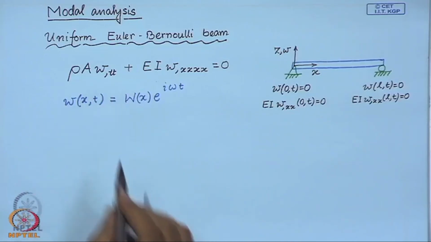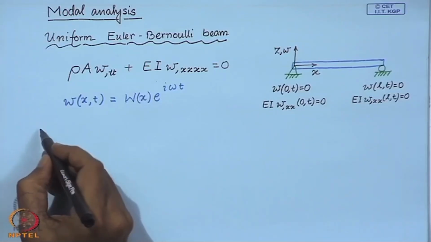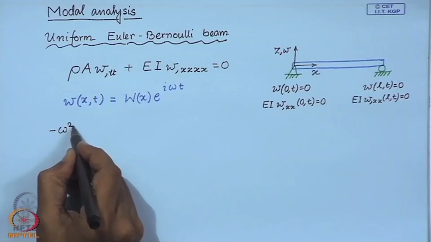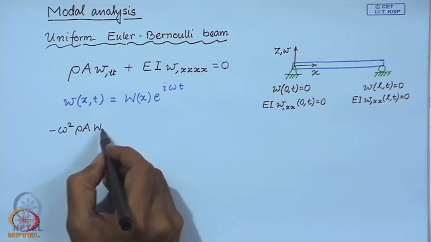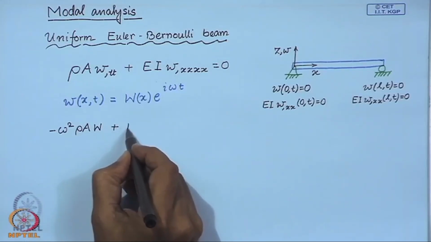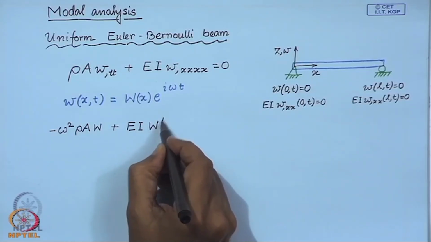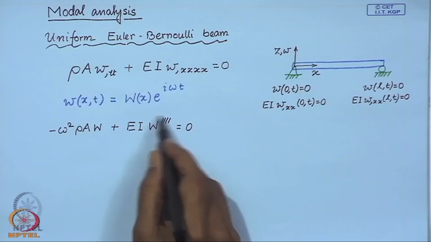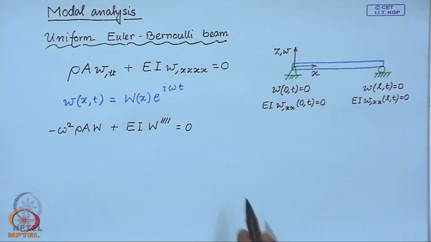If you substitute this in the equation of motion, the differential equation, then upon some simplifications this must be 0, where the prime denotes the derivative with respect to x. So, this is the differential equation.